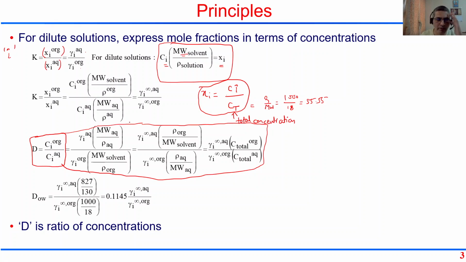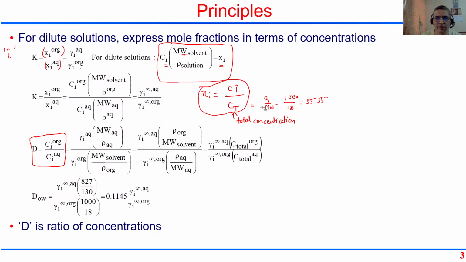Okay, so if you think about this now, for dilute solutions, we can even write it in terms of the infinite dilution activity coefficient, right? Remember, if it's a dilute solution, then these gamma i's we can replace by gamma I infinity in the aqueous phase, and gamma I in the organic phase can be replaced by gamma I infinity in the organic phase. Now, the reason for writing this gamma I infinity is that many times we have very dilute solutions.